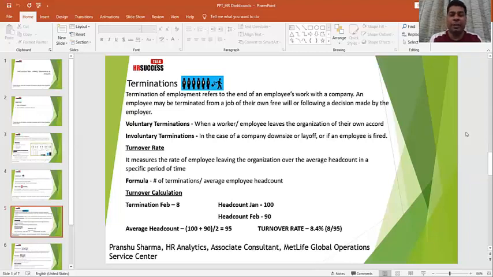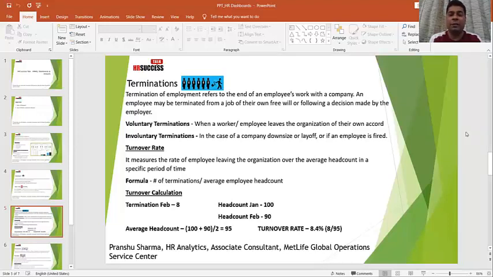Now, another very interesting topic is how to calculate turnover rate. Turnover rate is calculated on the basis of the average headcount for a particular period and the number of terminations for that month. Here I have given an example.